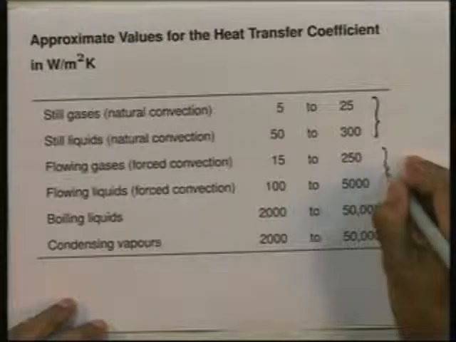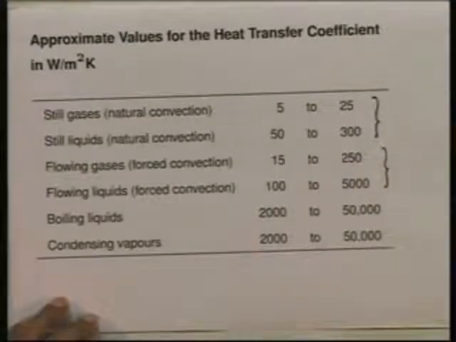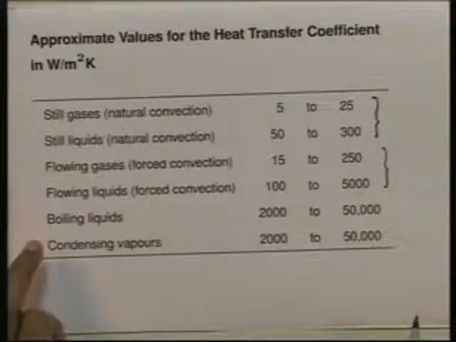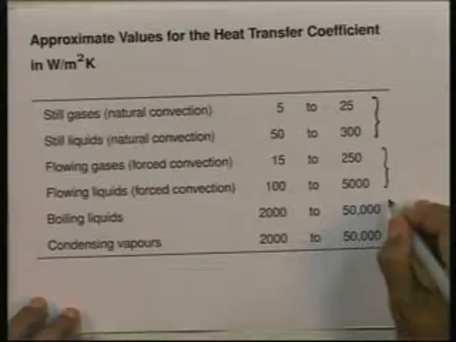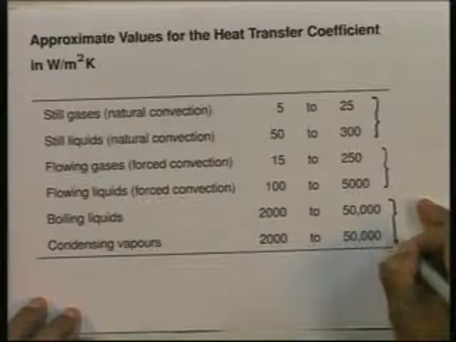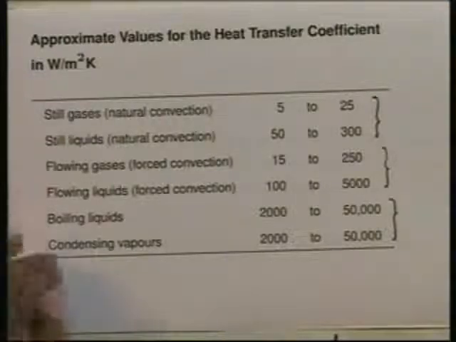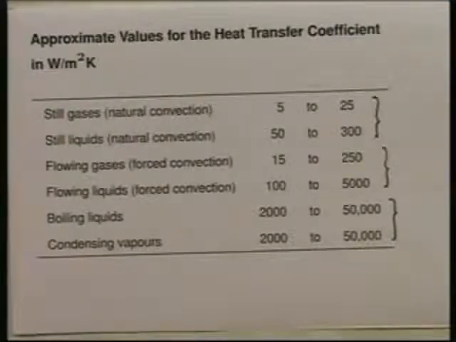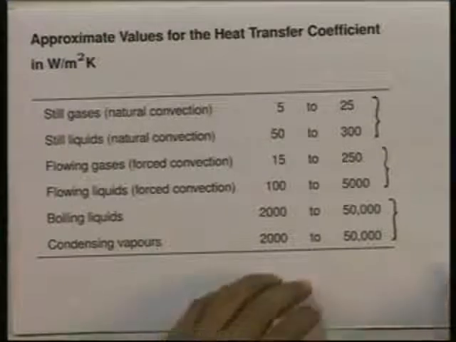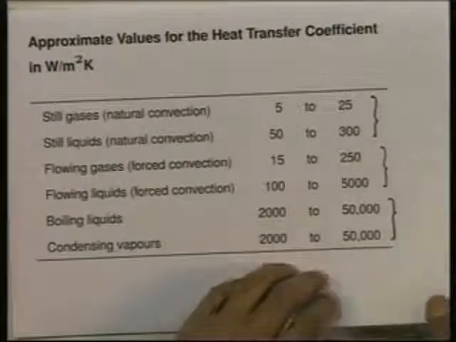The next two lines are the ranges that we encounter in forced convection, and the last two lines are the ranges that we would encounter with change of phase, that is with boiling liquids or with condensing vapors. We will use these orders of magnitude from time to time in order again to develop a feel for situations that we encounter in practice.